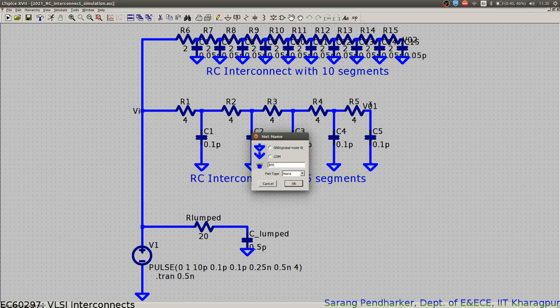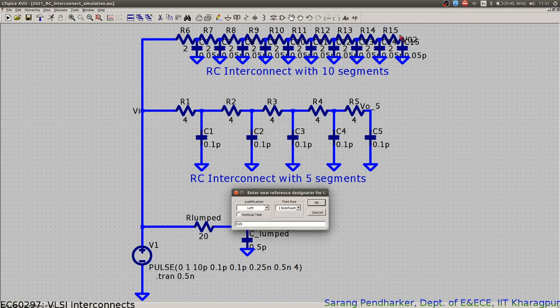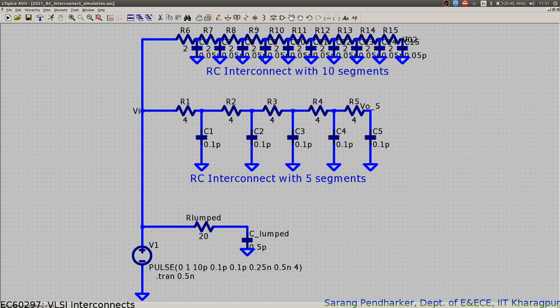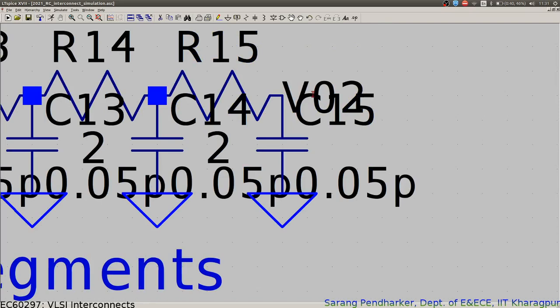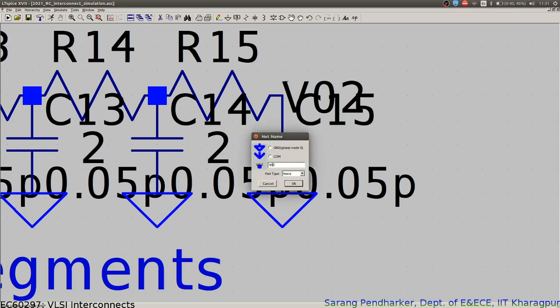Let me rename this segment V out 5, and this segment V out 10.